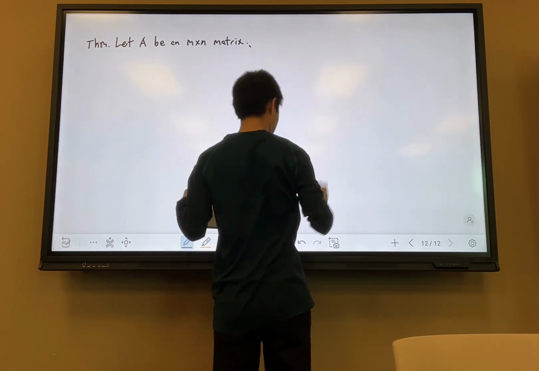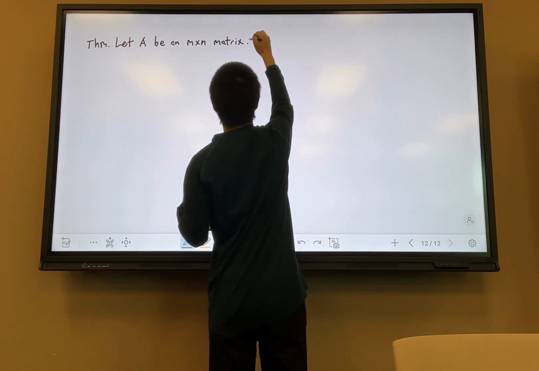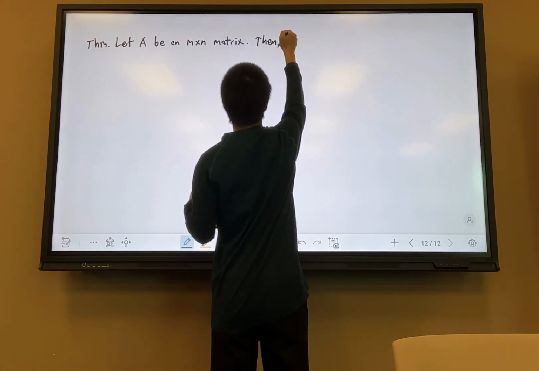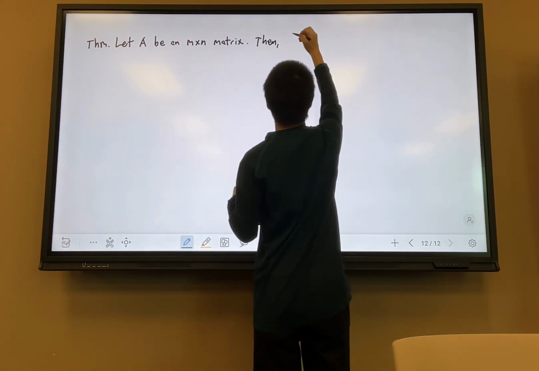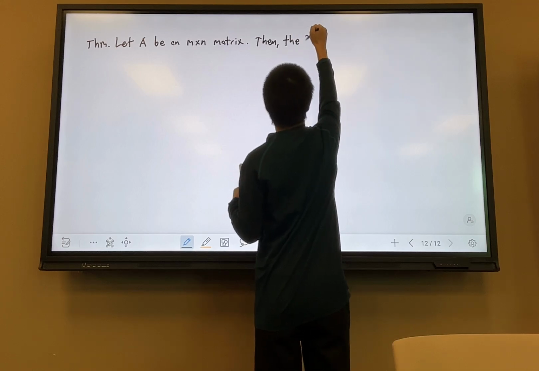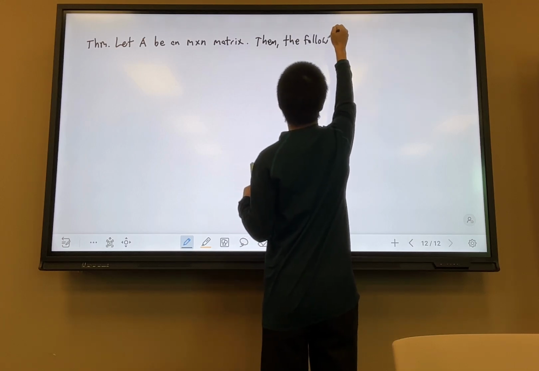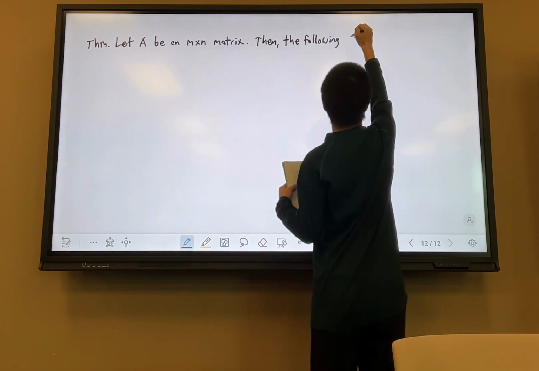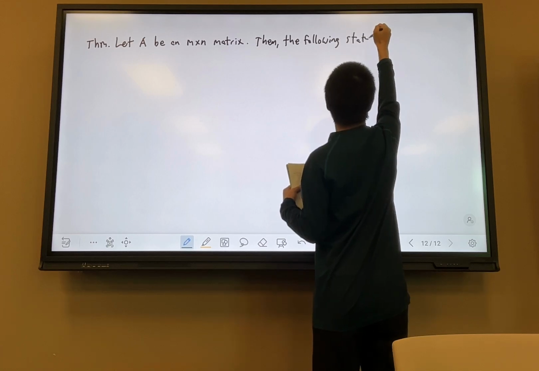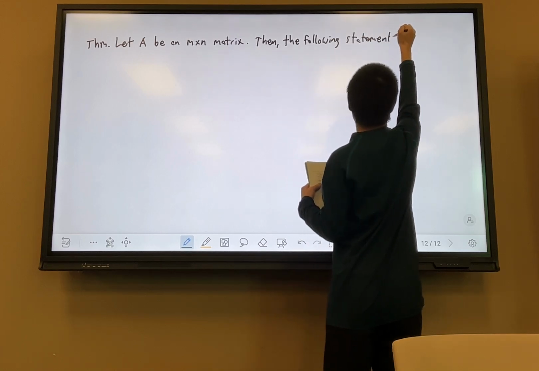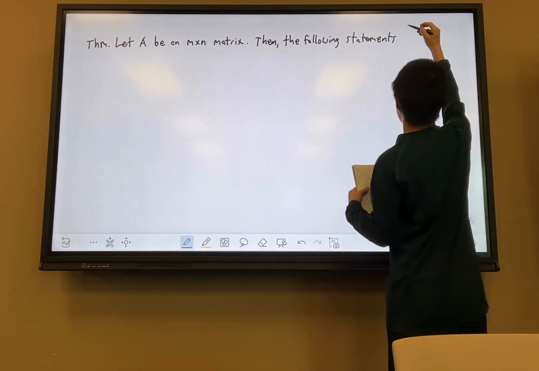Then the following statements are logically equivalent.